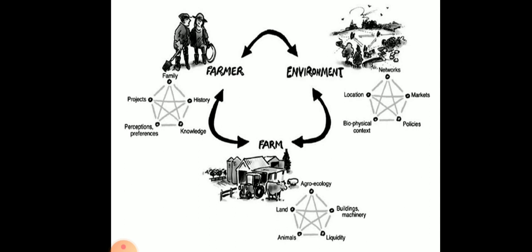So the farmer itself includes here his family, the history of the family, okay, the knowledge of the farmer or the family, ano bang kakayahan or ano bang kaalaman ng pamilya para makapagpatayo ng isang agribusiness, like for example, hog production. Do they have such knowledge and practice, or is it only the traditional?